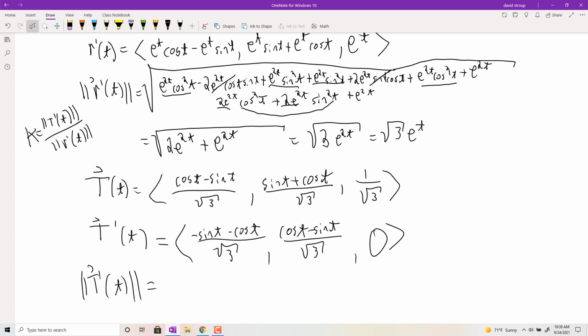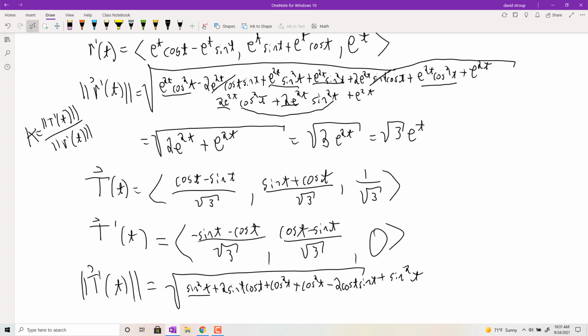is going to be the square root of, foiling that guy, you're going to get sine squared t plus 2 sine t cosine t plus cosine squared t, plus foiling the second guy gives us cosine squared t minus 2 cosine t sine t plus sine squared t, and then all over 3.